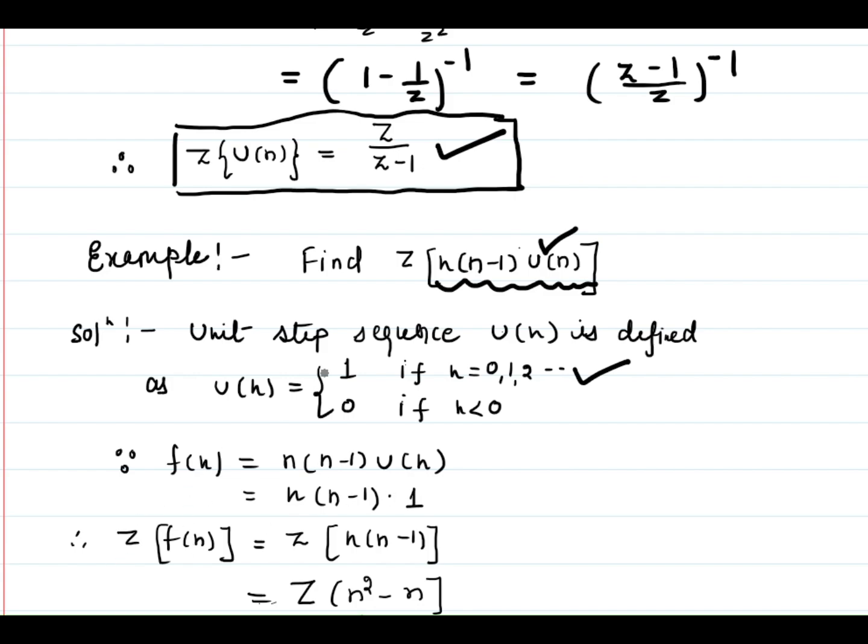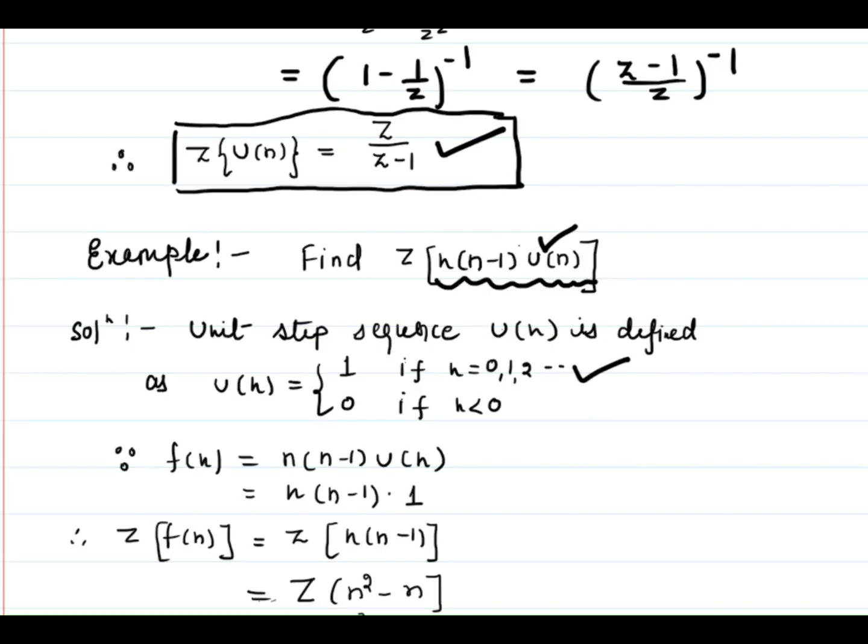Now taking the z transform, because you want to find the z transform of this function, multiply by z of fn. So z of fn means z of n into n minus 1. This can be written as z of n square minus n. You can break it as z of n square minus z of n.